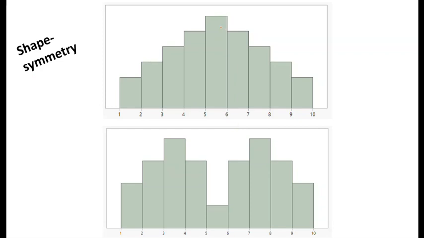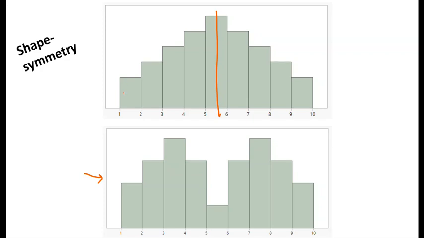So if we cut the distribution in half and then we folded this half, then it will be able to completely cover up the second half. The same thing happens in the second distribution here. It's the same. One half is a mirror image of the other half, right?